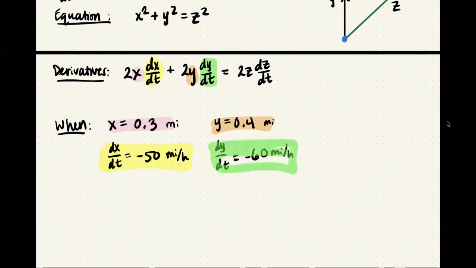So that I know. This is what we're trying to solve. So I still need to plug in a value for z, because I need that to be a number because I'm trying to get dz dt equals a number. Okay, so let's figure out how we could do that.